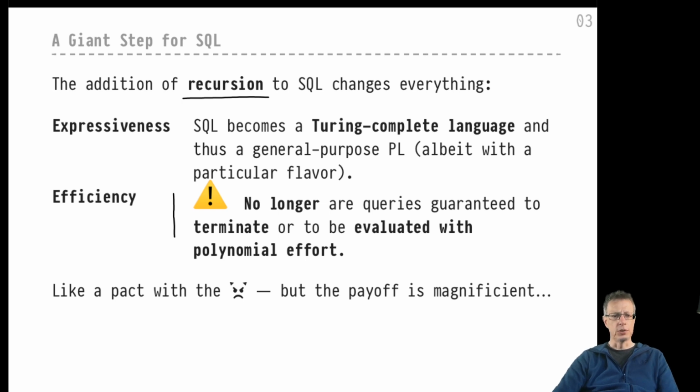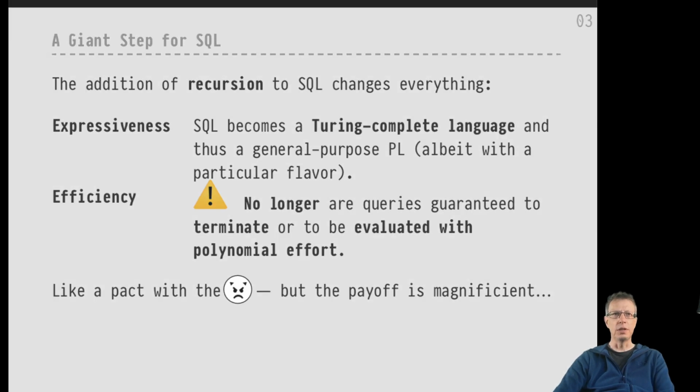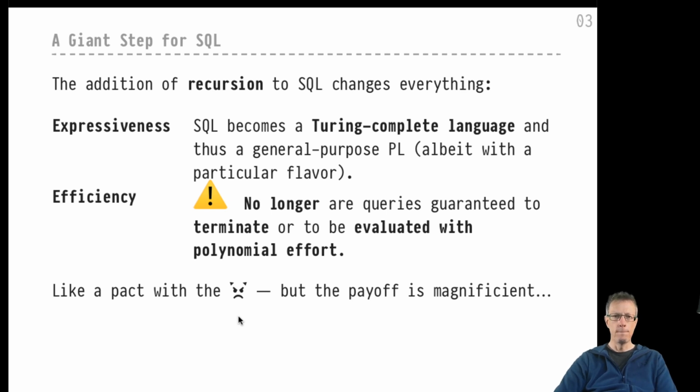Okay, so all of this sounds like a pact with the devil in a sense, and maybe it is, but the payoff is magnificent. So what you get here is a really expressive data-oriented language that can compute anything for you. And I can only recommend that you take the time and study the stuff. It's really powerful.